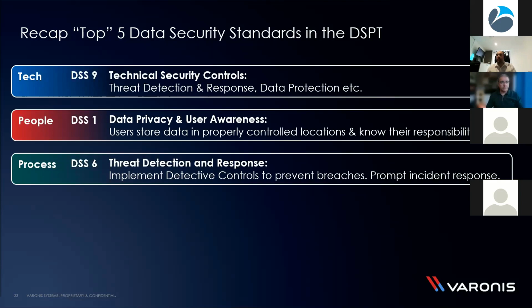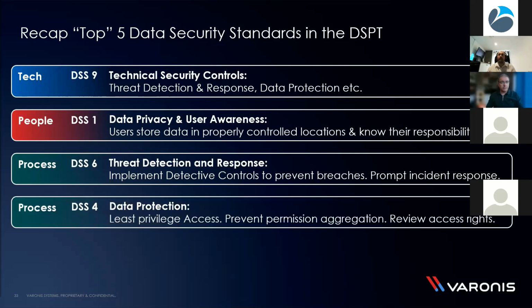We move into the processes side of things, again, more into the threat detection and response, and it's about ultimately implementing detective controls to prevent breaches, and ultimately what your incident response plans and steps are. Data protection, least privileged access, preventing permissions bloat. We often see failures in the joiners, leavers, movers process.